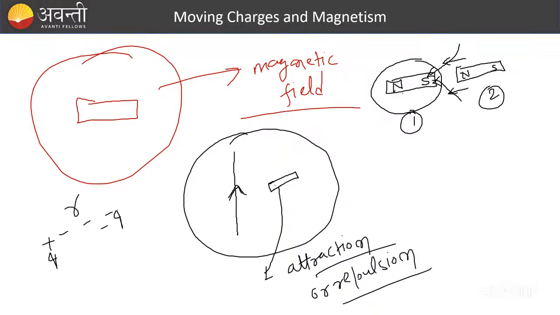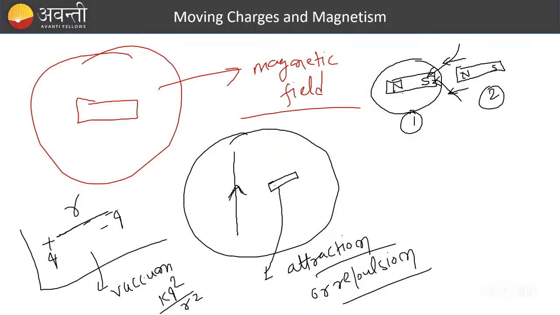Even if there is vacuum in this space, force will act on the negative charge minus q, and the force value we have already studied, kq square by r square. Even if there is vacuum, force is acting because the interaction is happening through the electric field. Similarly here, if magnet 1 is attracting or repelling magnet 2, it is because of the magnetic field of the magnet.